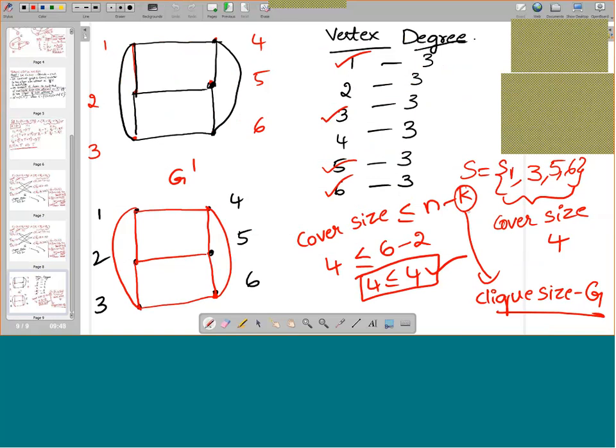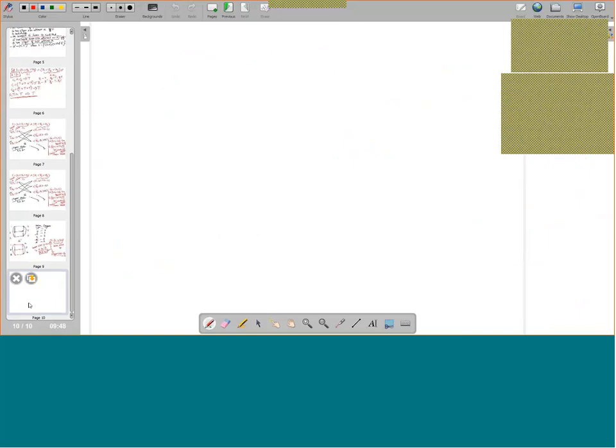Cover size for G dash is 4, less than or equal to n, which is 6, minus the clique size for G, which is 2. So 4 less than or equal to 4. Condition is true, so the theorem is satisfied. CDP reduces to NCDP. So this is equation 1.